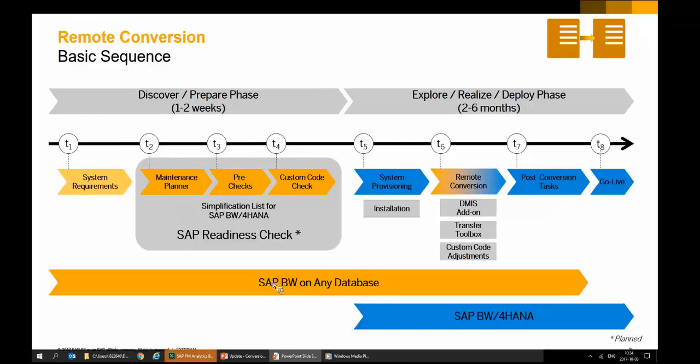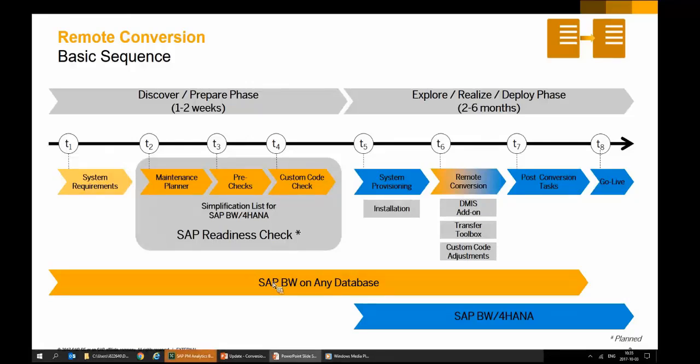The remote conversion is a little bit different than in place when it comes to the realization phase. It starts with the system provisioning of a brand new BW4HANA instance. At that point, you will need additional hardware because we're running in parallel to your existing BW database. We have a brand new BW4HANA. You can then start using the remote conversion tools. They work very similar to the in-place conversion, with the difference that we're moving now models and data flows across the wire from one BW to the new BW4HANA.